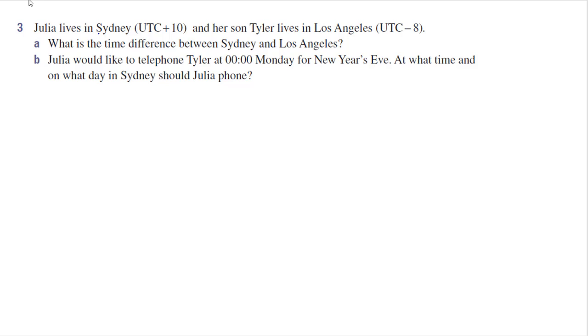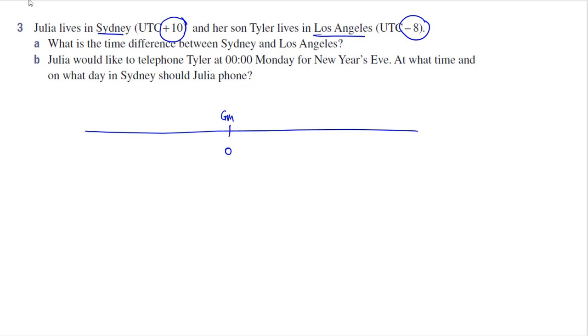Question 2, Julia lives in Sydney. We've given the time zone there, it's +10, so it's 10 hours ahead of GMT. Tyler lives in LA, and that's at -8. So if we go to our construct a quick timeline, we'll put 0 in the middle, that's our GMT time. We've got Sydney at +10, and we've got LA at -8.